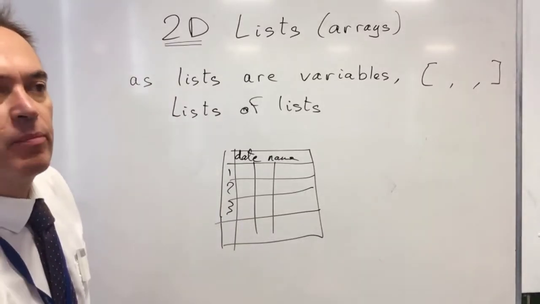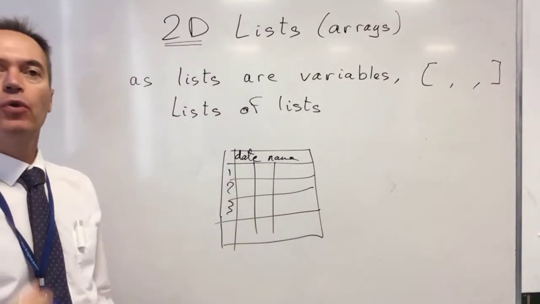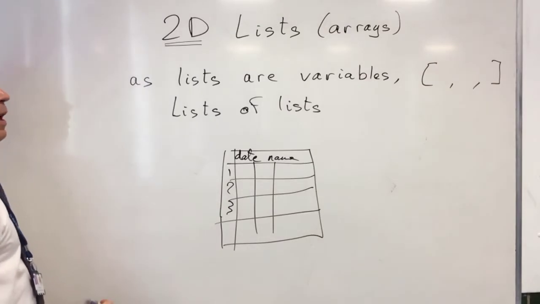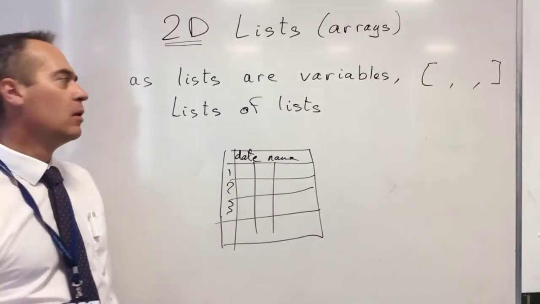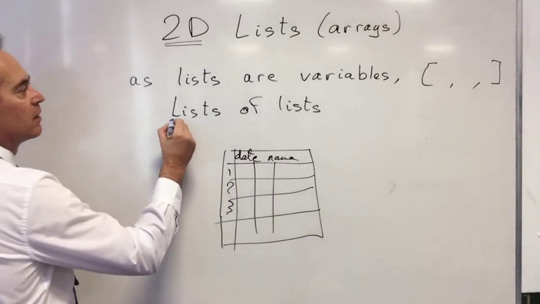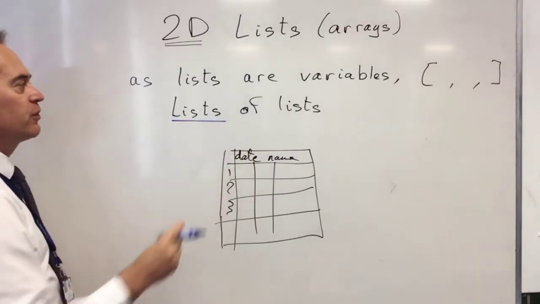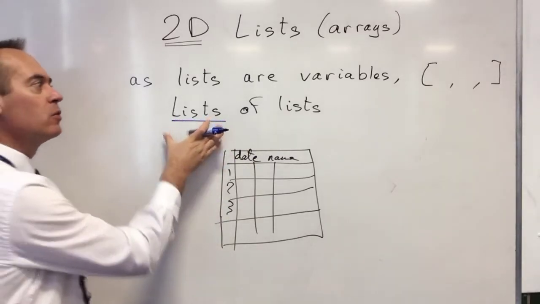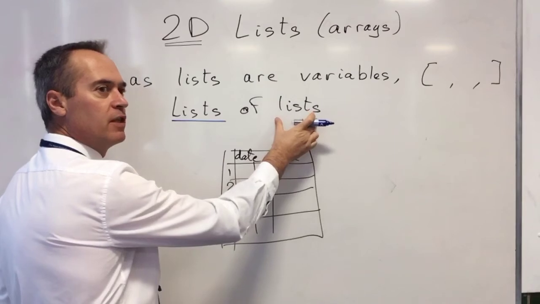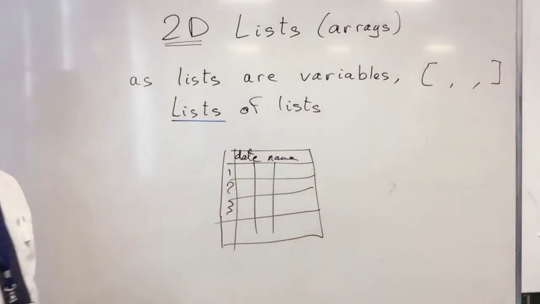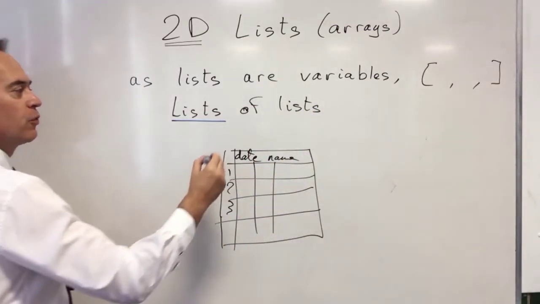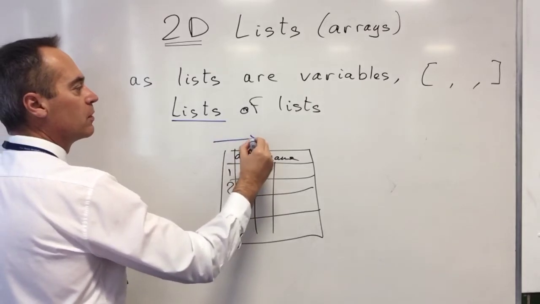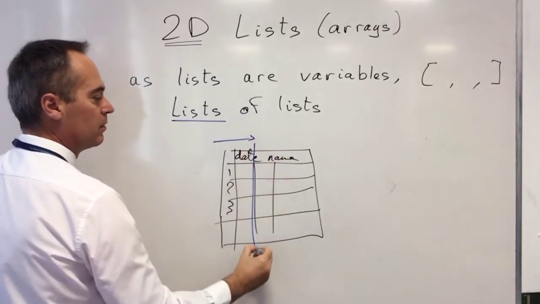One thing that's very important for you to remember as you are coding your list, as the programmer, you're going to decide which is the first list, which is the list that contains the other lists. What I mean by that is, are you first going to go across and then down?